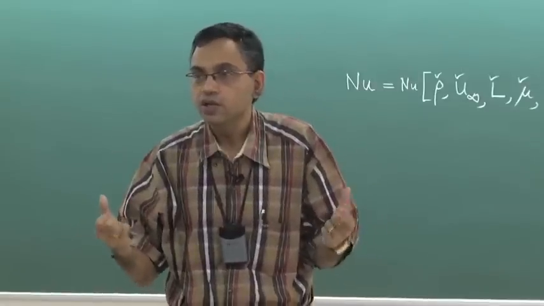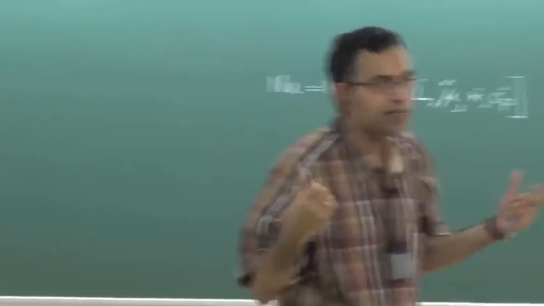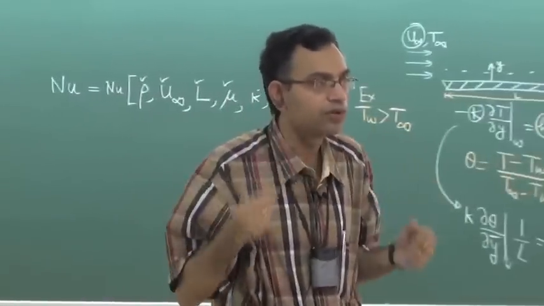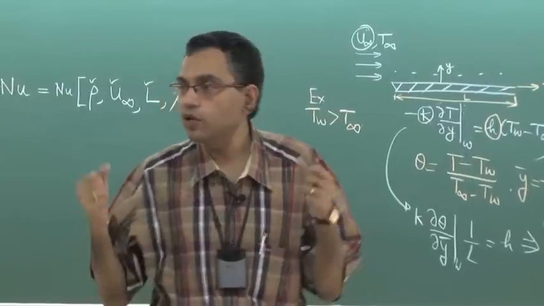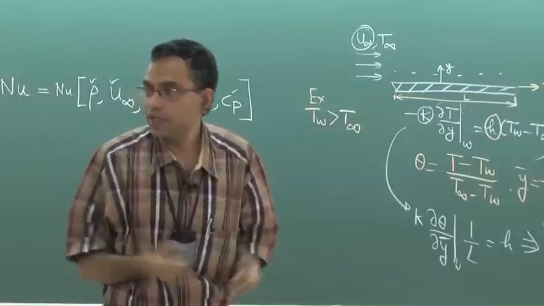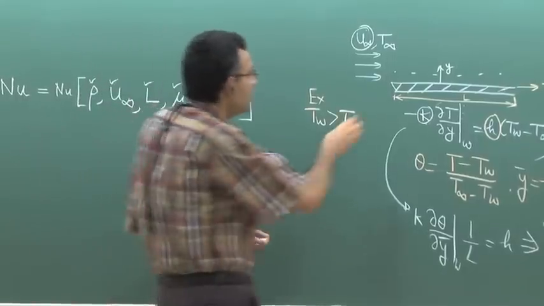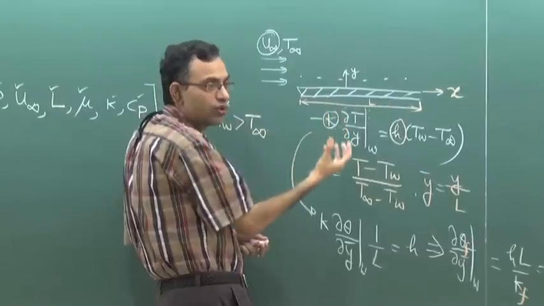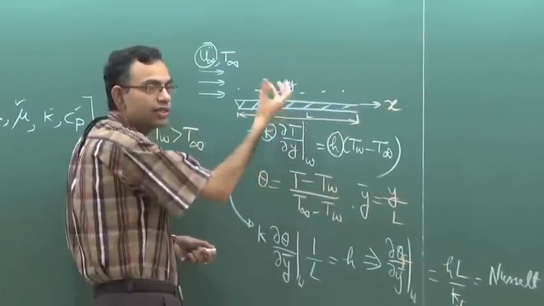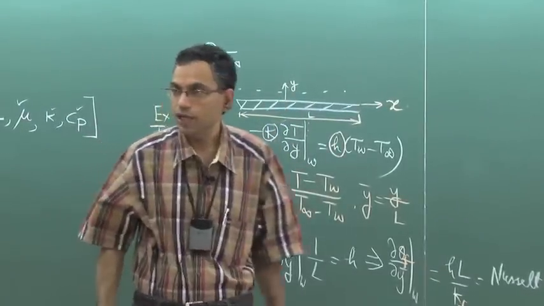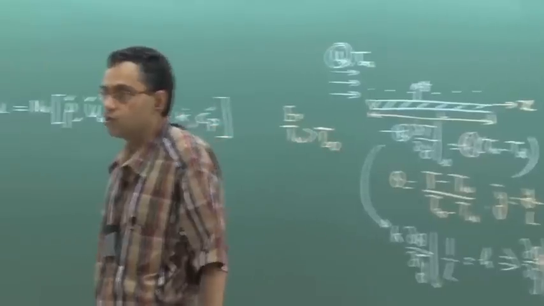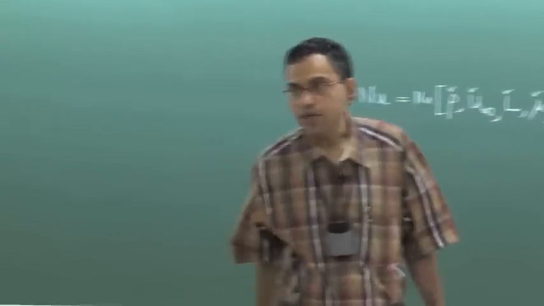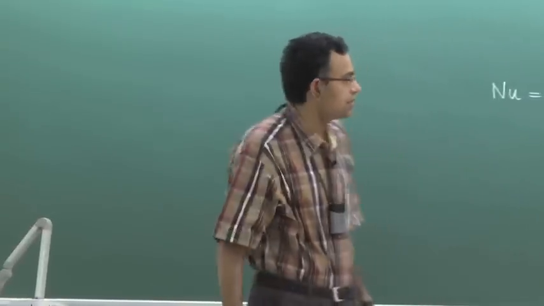Then, to make that person happy, you have to supply more food, otherwise that person will not feel happy. So it is something like this. The fluid flow is carrying heat at a very fast rate. So to make up for that, more heat has to be supplied from the wall, right? So that is one of the very important parameters.